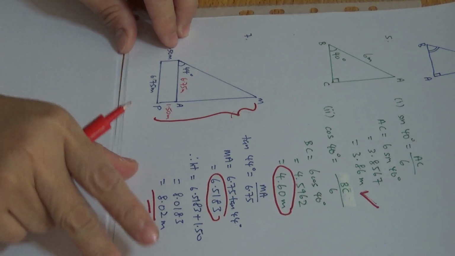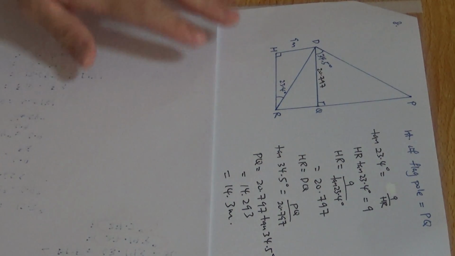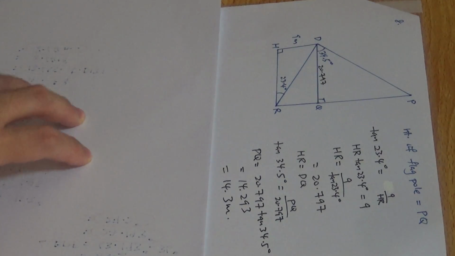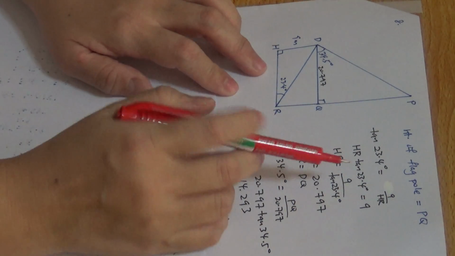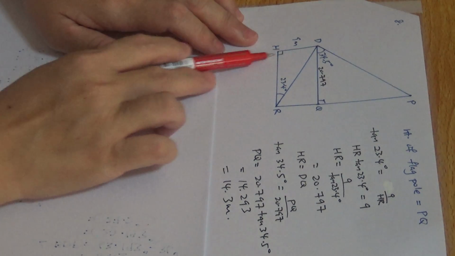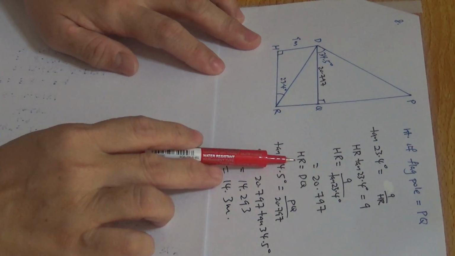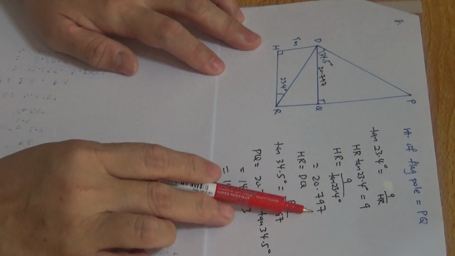Okay, now next question is question number 8. Now question number 8 requires you to find the height of the flagpole PQ. Now I'm going to find HR first. How to find HR? I use this triangle. I'm able to find HR, which is 20.797.